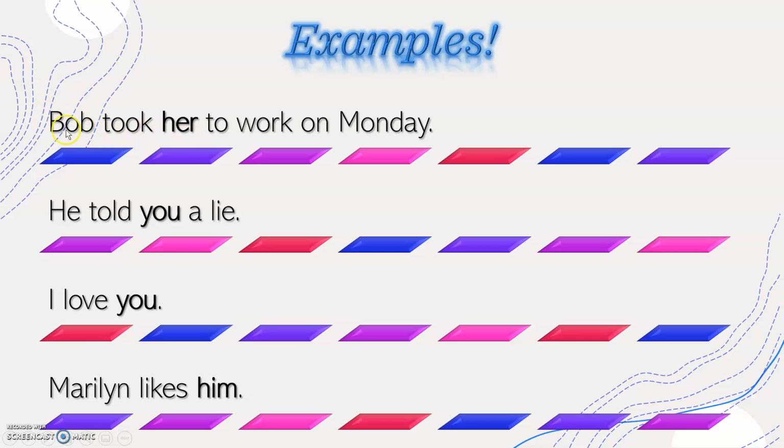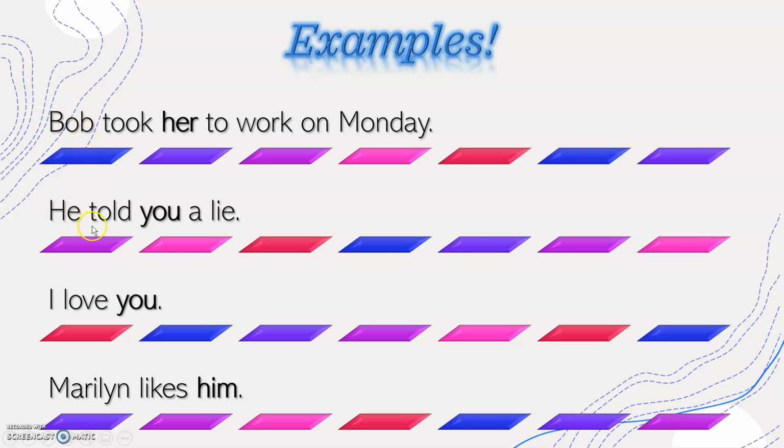Now, in this case, Bob is the one that makes or carries out the action. Here, for example, Bob took Sophia to work on Monday. So in this case, her refers to Sophia. This object pronoun is the one that receives the action that Bob does.